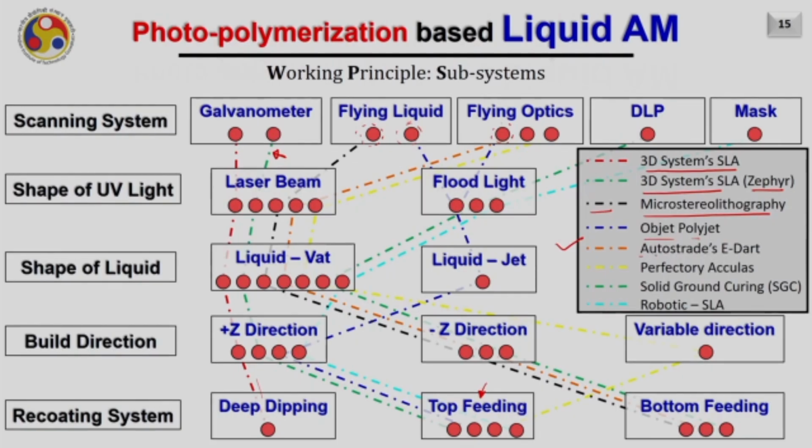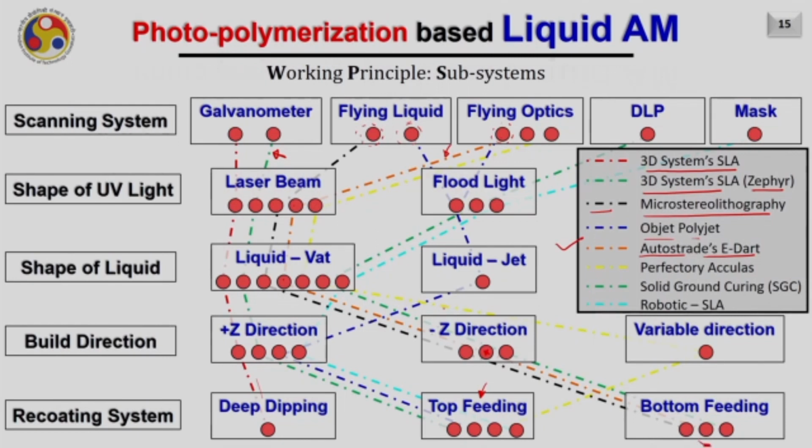Next is Autostrade E-Darts. It is highlighted here in orange color. It uses flying optics, utilizes a laser beam, uses a liquid wet and builds the part in minus Z direction, in upside down direction, and utilizes the bottom feeding.